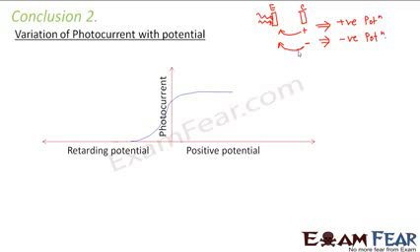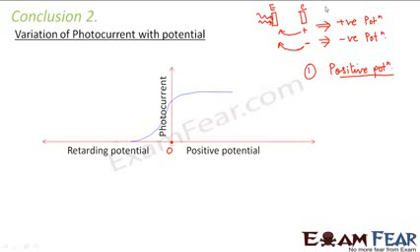Now, this was how it looked. If we plot a graph, this is my origin. First you consider the scenario of positive potential. Positive potential means the collector is positive with respect to the emitter.